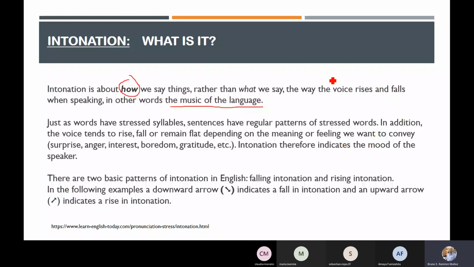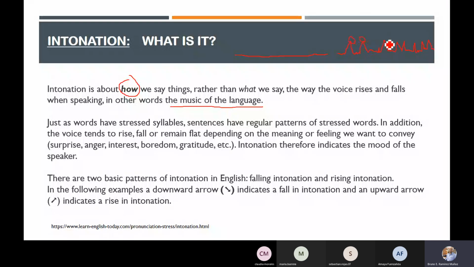Because we don't talk very flat. When we speak, there is a music that comes in our words. Some people pay attention to what we say, but others pay attention to how we say it. So that's what you need to pay attention to now, how we say things and not just what we're saying.